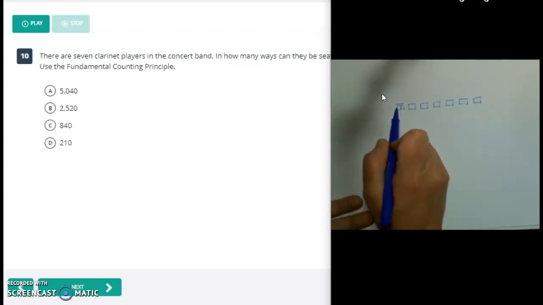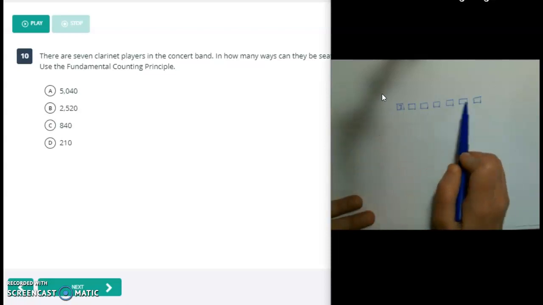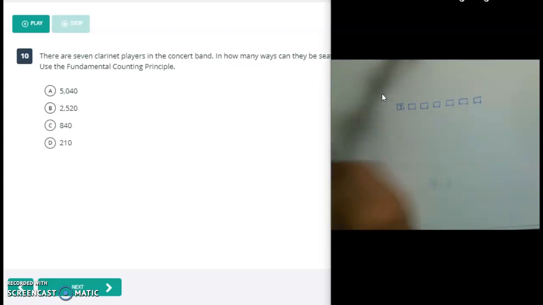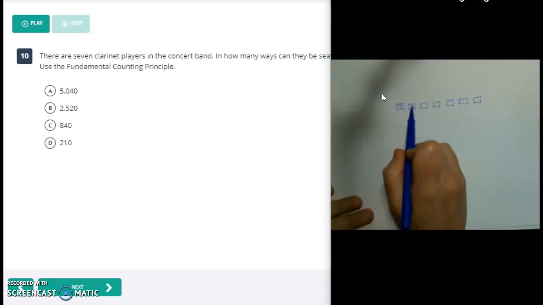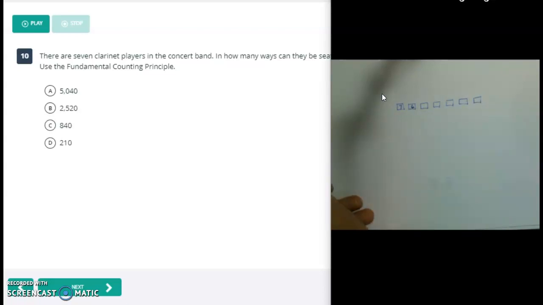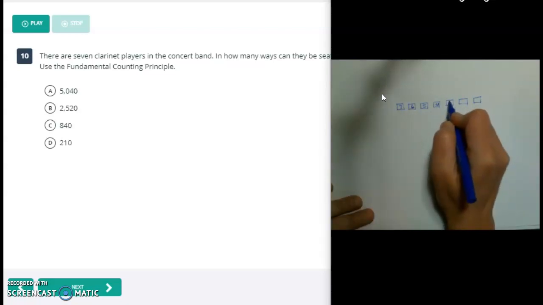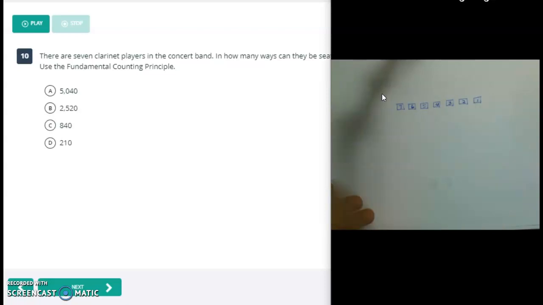Once that seat is filled, it now has an impact on who can fill the other seats. So this is a dependent event. There are only now 6 players available to fill the rest of the seats. 5 players, 4, then 3, then 2, then 1.